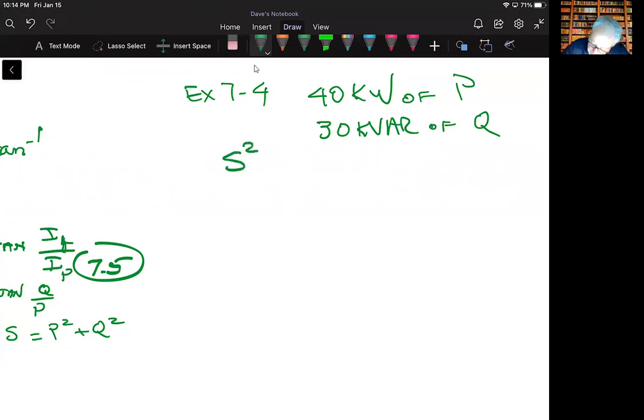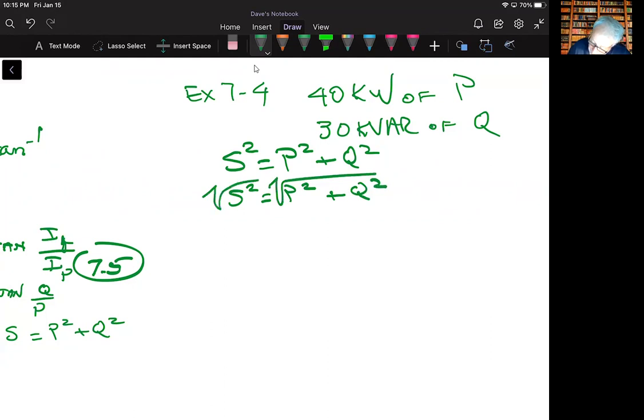One of the most useful ones is this 7.4, so we're going to use that. He says, what is the apparent power of this? I was starting to do this the last time, so I will rewrite that as this. Now I'll actually take it to the step where I do this, and this becomes this value. Now I have 40 squared plus 30 squared.